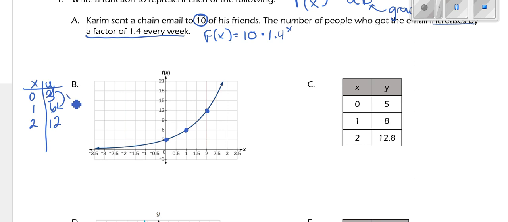I can see it's doubling or multiplying by 2 each time. So as a function, I'll have f of x equals my initial value of 3 times my growth rate of 2 to the power of x.